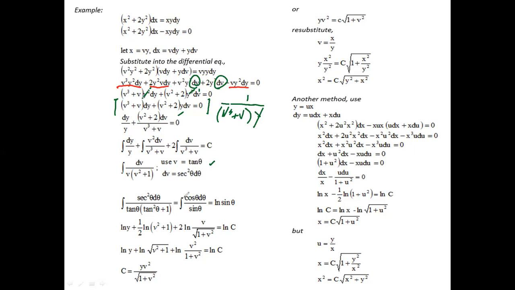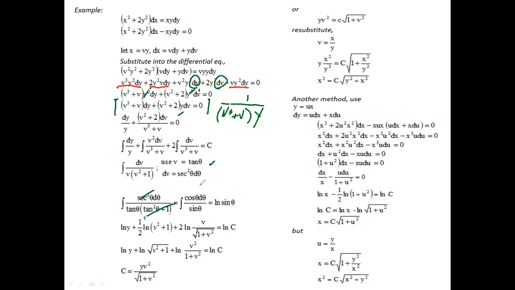Now, if we simplify, this one is 1 over cosine squared theta, and this is sine over cosine. The simplified form of this answer is actually this. Why? In your trigonometry, tangent squared theta plus 1 is secant squared. So that's left with a 1 over tangent, tangent being sine over cosine, so you have this.